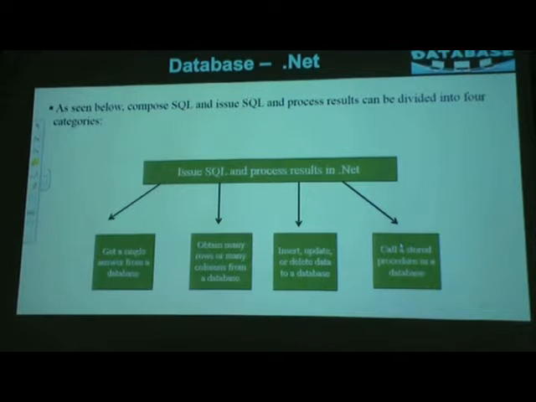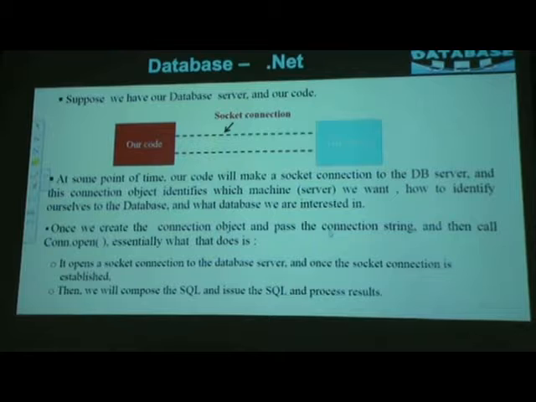These are the needs that we have from a database: either a single answer, or many rows and many columns, or we need to insert, update, delete, or there's a stored procedure already written on the database and we need to call or interact with that. So we always have 4 needs. Now we will learn how to write the code depending on the need.